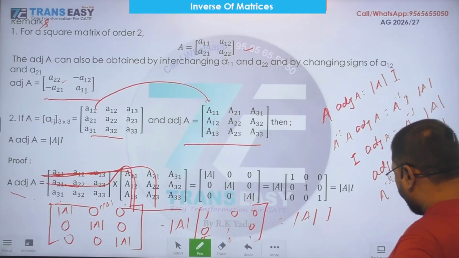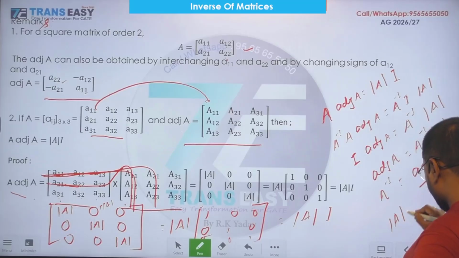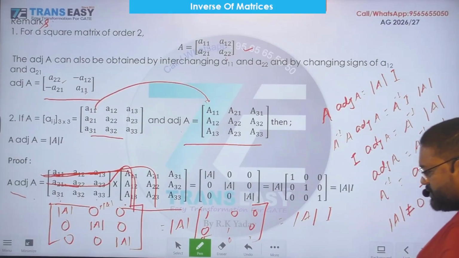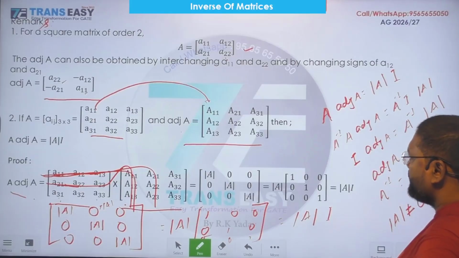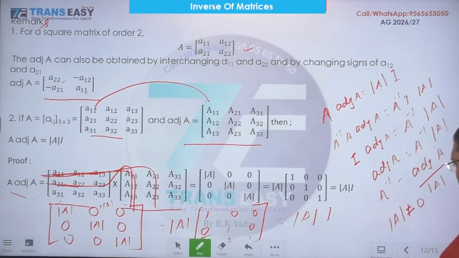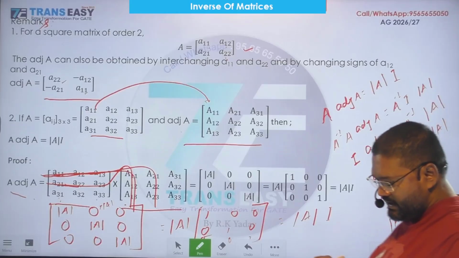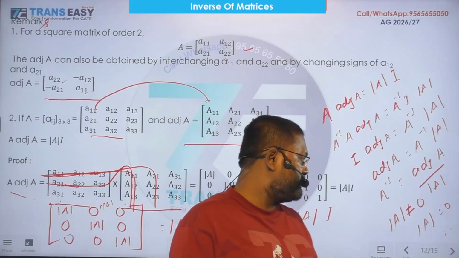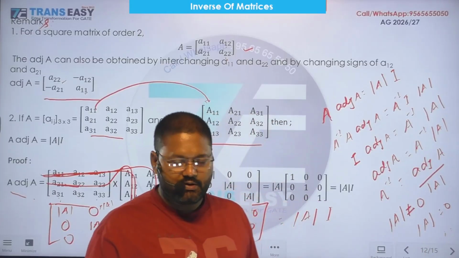So for the definition of A inverse, determinant of A is not equal to 0. Otherwise, we can't find inverse of matrix. So inverse of matrix is defined only for non-singular matrix. If determinant of A is equal to 0, this A is called singular matrix. This year in 2025, we had a question in our GATE examination from singular matrix.